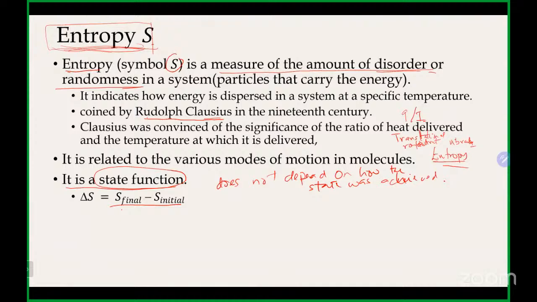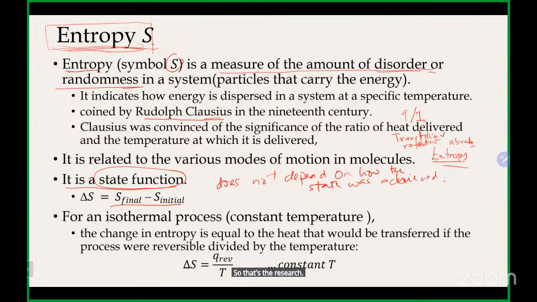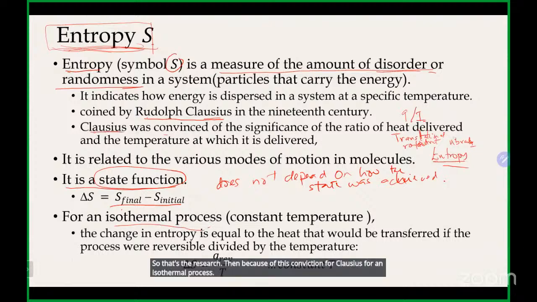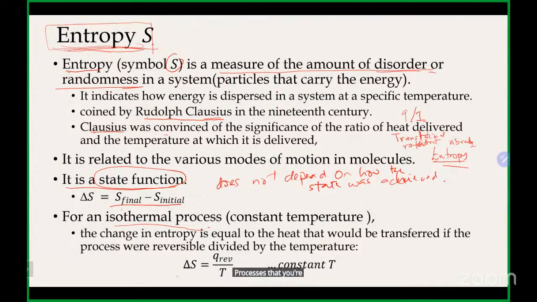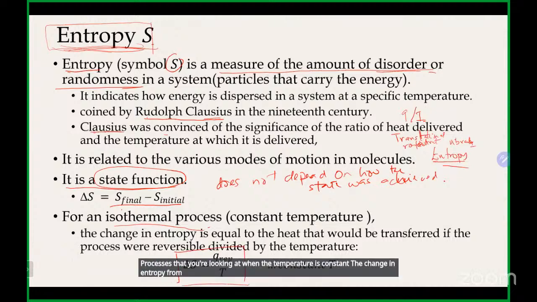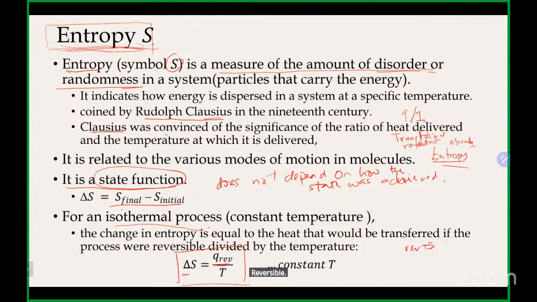So that's the way. Because of this conviction from Clausius, for an isothermal process, when the temperature is kept constant, the change in entropy from an initial state is related to the heat for a reversible process divided by T. Reversible, in other words, a slow process that can be easily brought back.